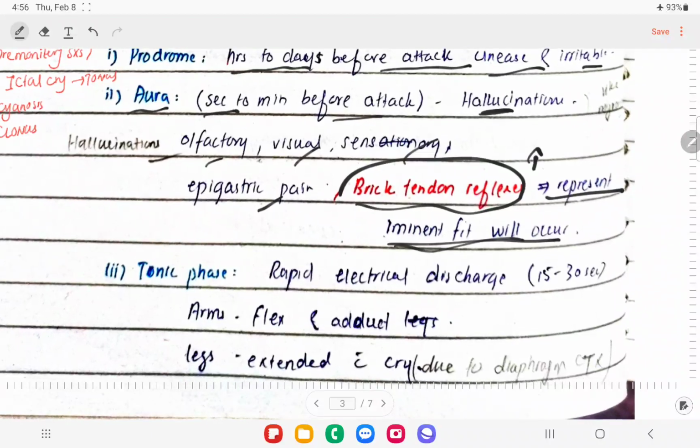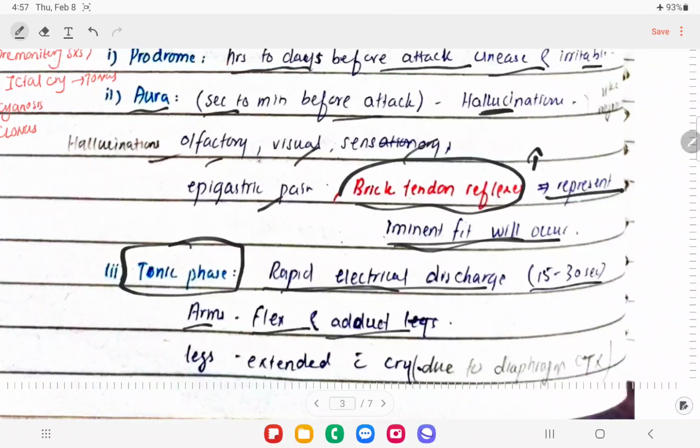So after aura, the patient will have a tonic phase, right? This is when the generalized tonic-clonic epilepsy or fit starts in these patients. So the first one is called tonic phase. There will be rapid electrical discharge that remains for 15 to 30 seconds. Arms will be in flexed and adducted position.